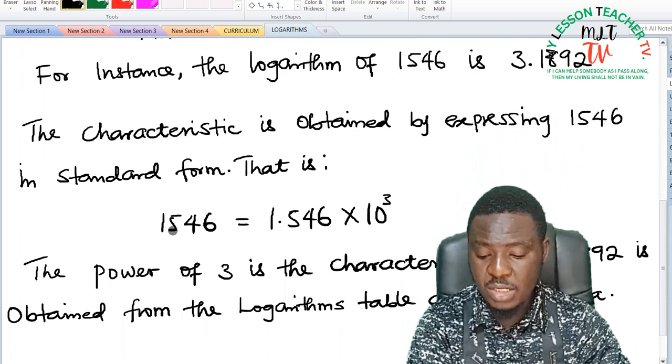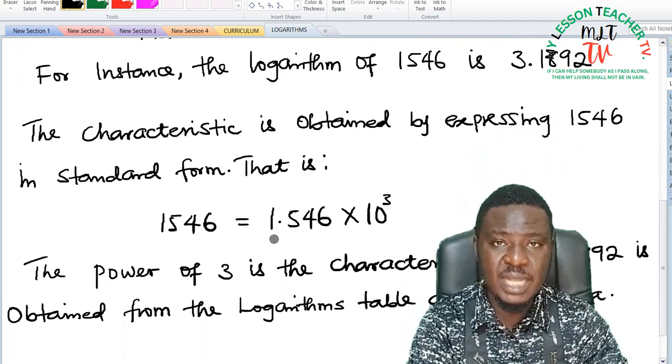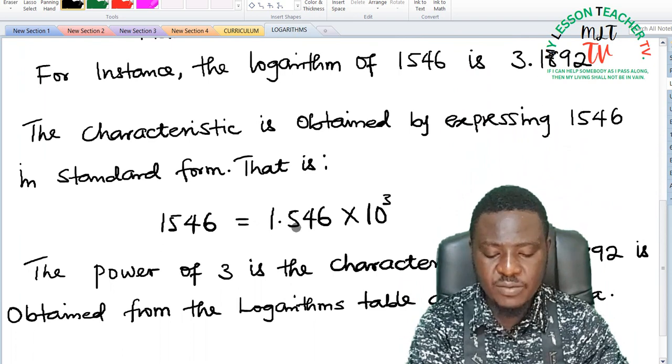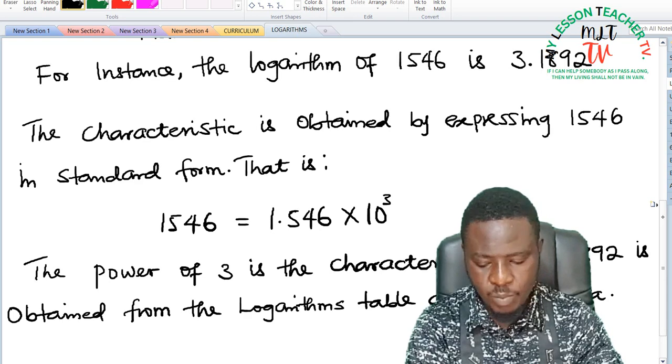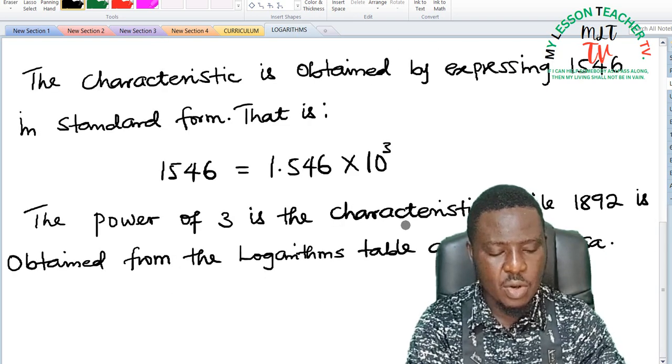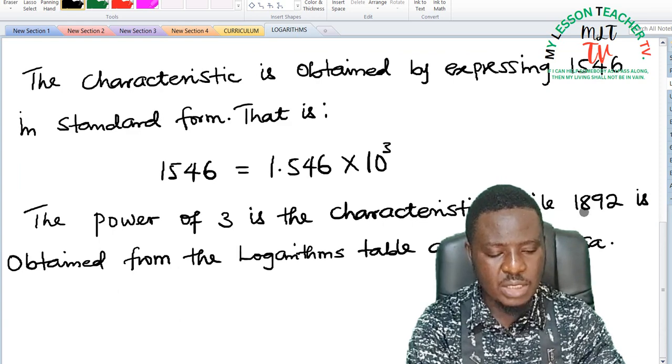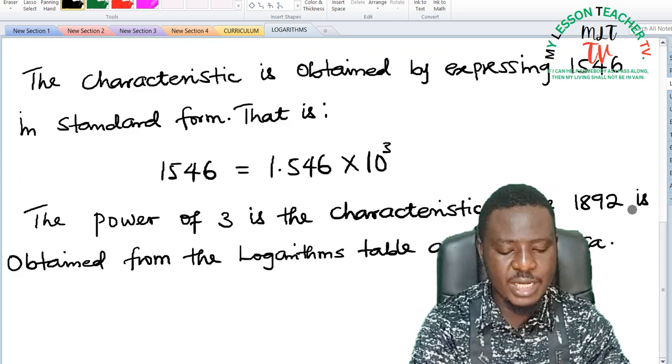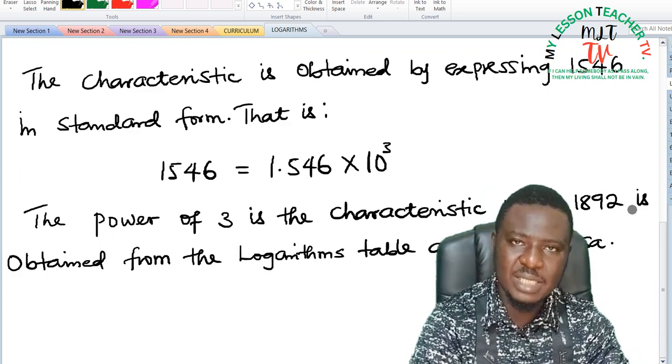That is, 1546 can be expressed in standard form as 1.546 times 10 to the power 3. The power of 3 is the characteristics, while 1892 is obtained from the logarithm table as the mantissa.